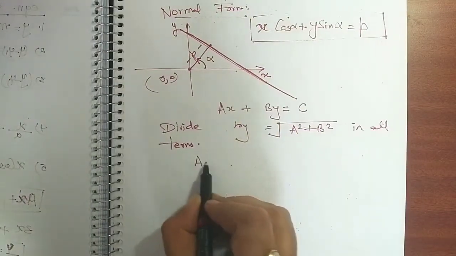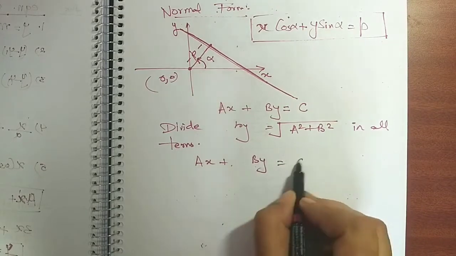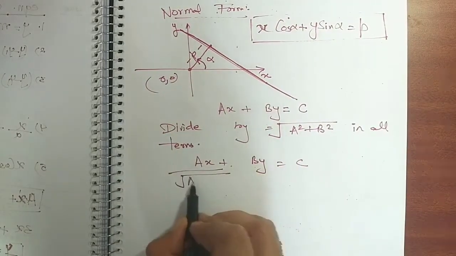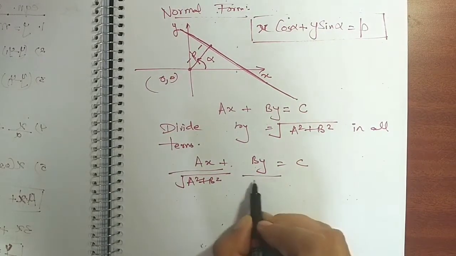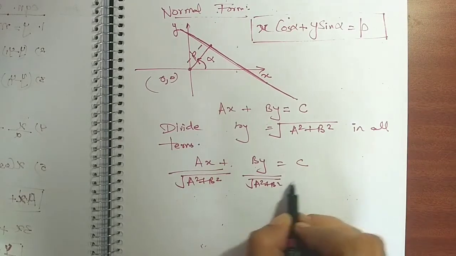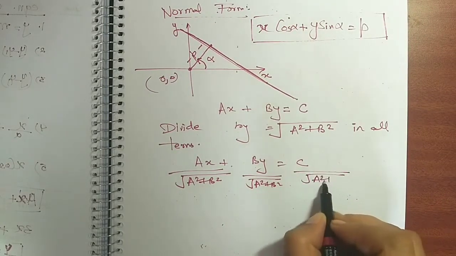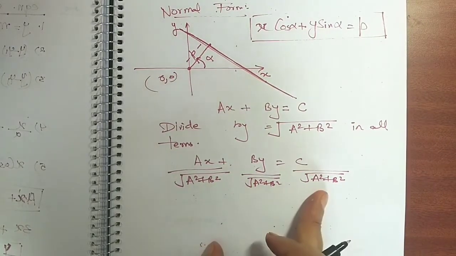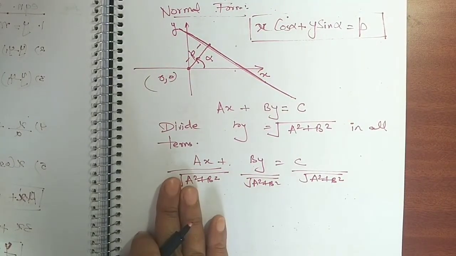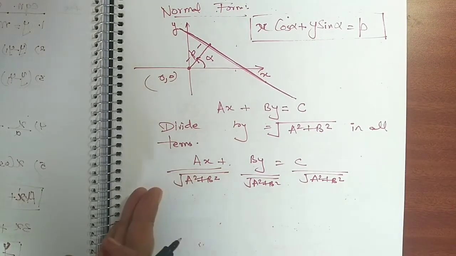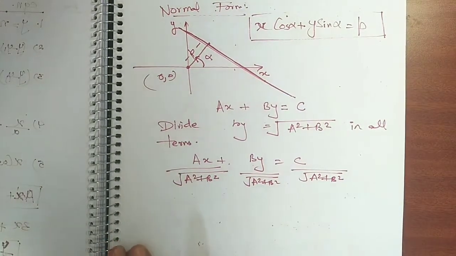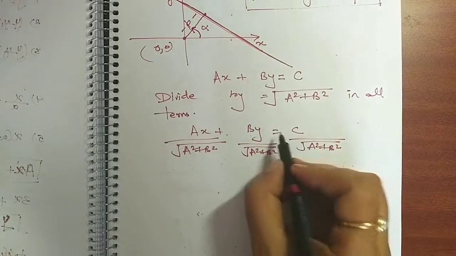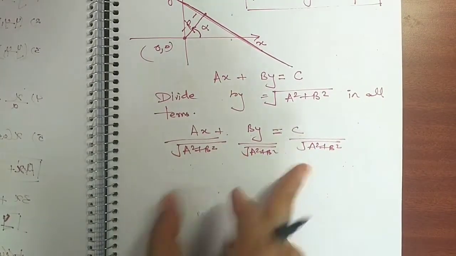So I will divide this by root of a square plus b square, this by root of a square plus b square, and this also. It's a problem if I am multiplying or dividing only one term, but if I am doing it throughout the equation, then it's not a problem. So what I did, I divided by this.